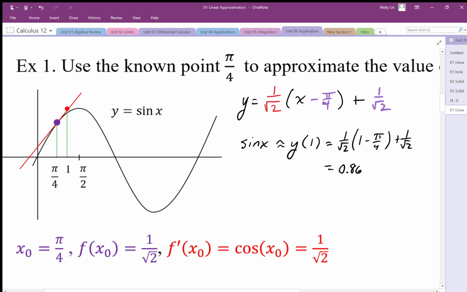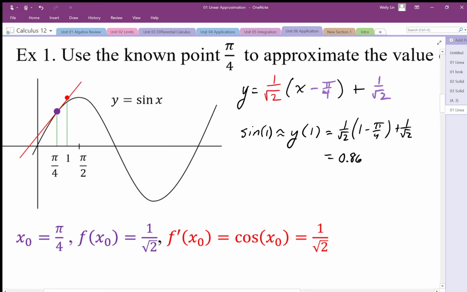So what we're estimating is that sine of 1 is approximately equal to the y value at 1. We're saying that this coordinate on sine is going to be approximated by that linear equation as long as it's close enough to the tangent point. And this is our approximation of sine 1 is 0.86.